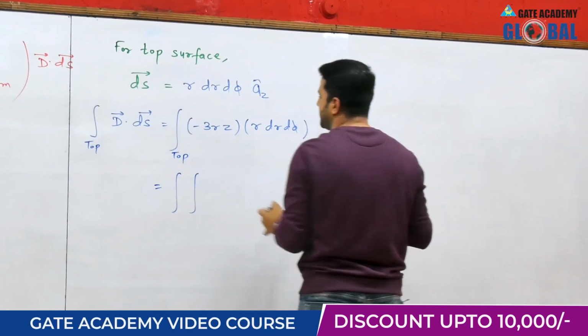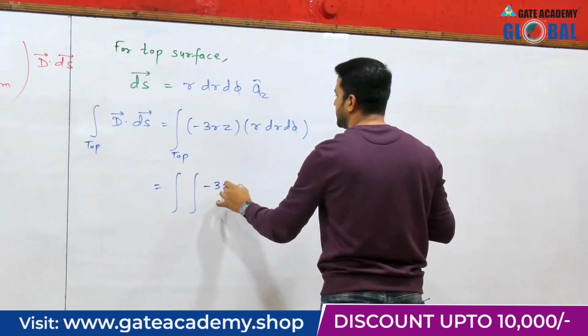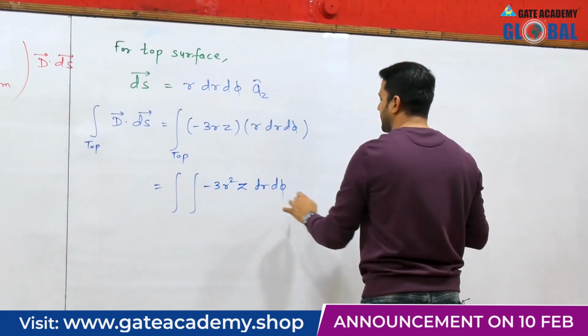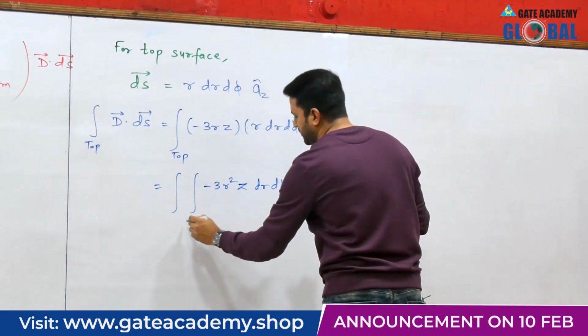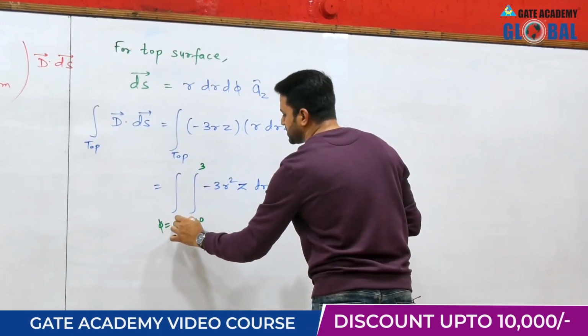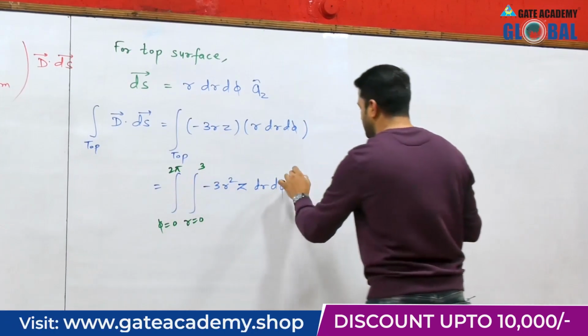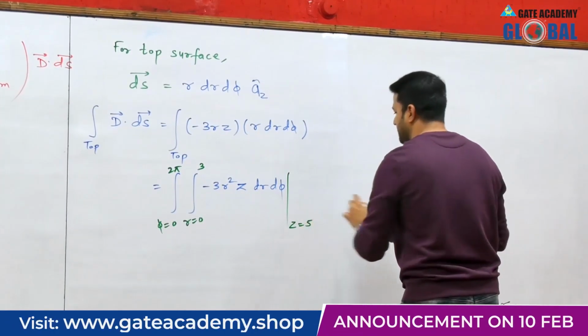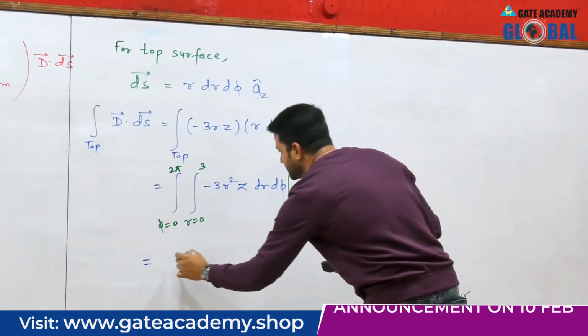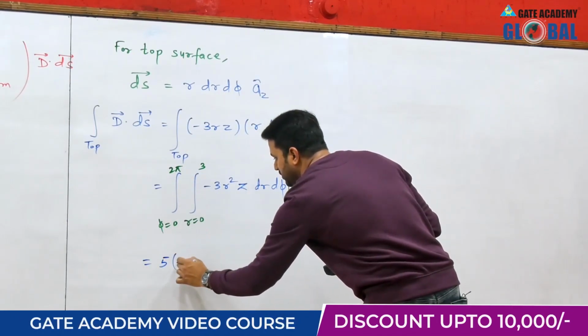So it would be a double integration of minus 3r square z dr d phi. The limit of r would be from 0 to 3, and the limit of phi is from 0 to 2 pi, and the value of z here is fixed, which is 5.